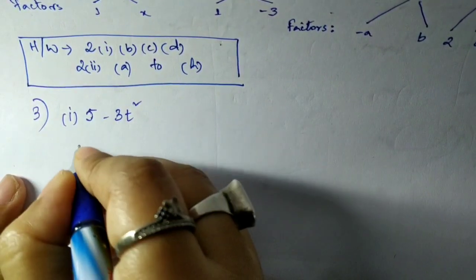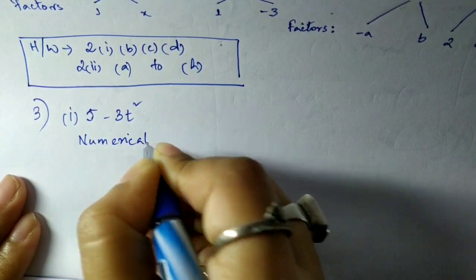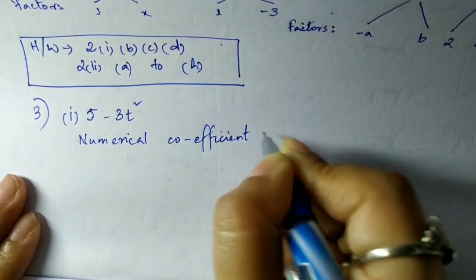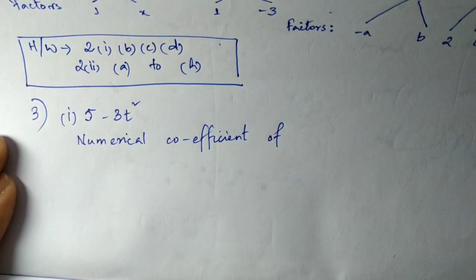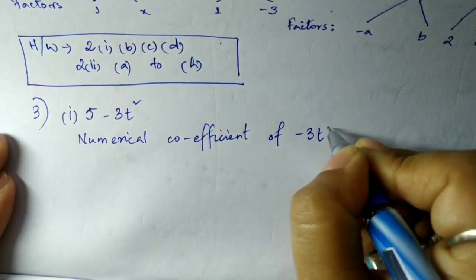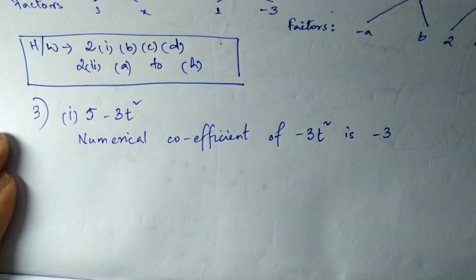The numerical coefficient along with the sign, of the term without the constant, this one, minus 3t square, is minus 3 along with the sign. This is the numerical coefficient.